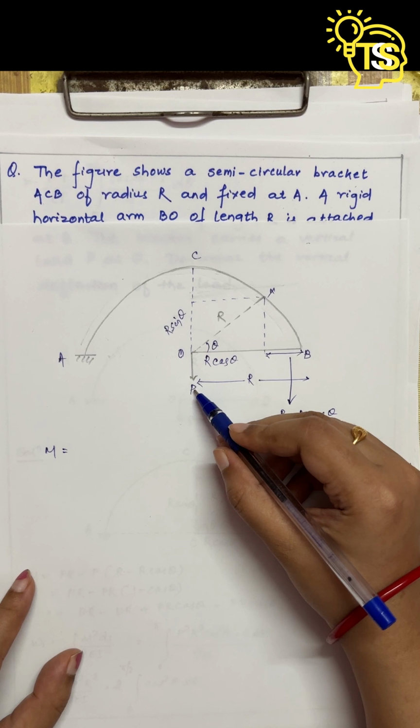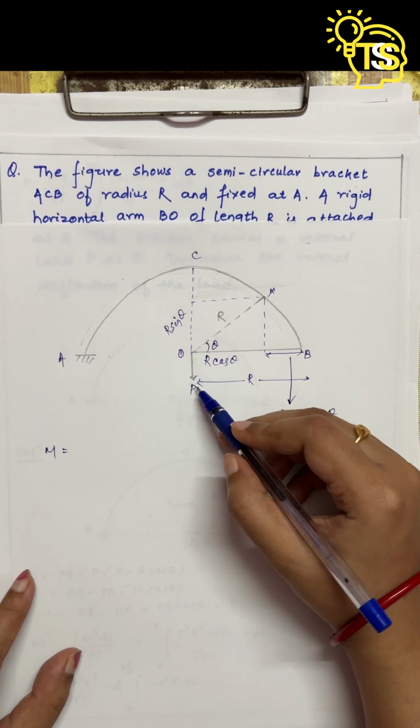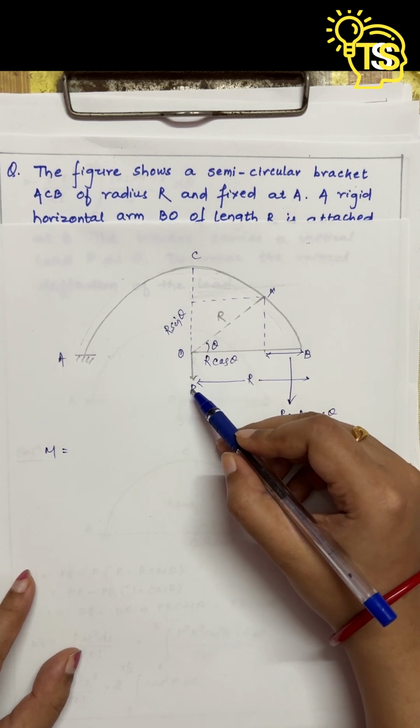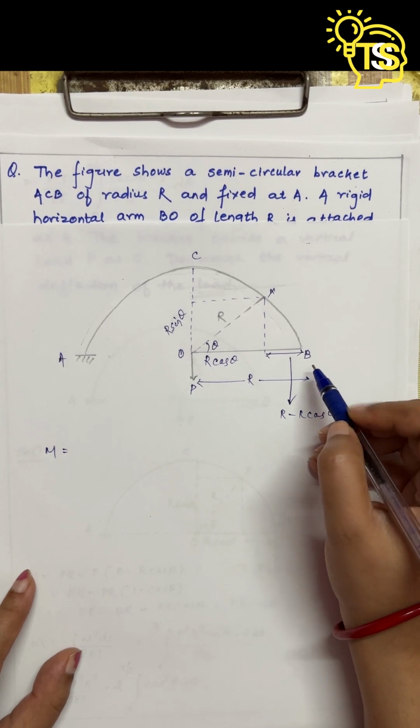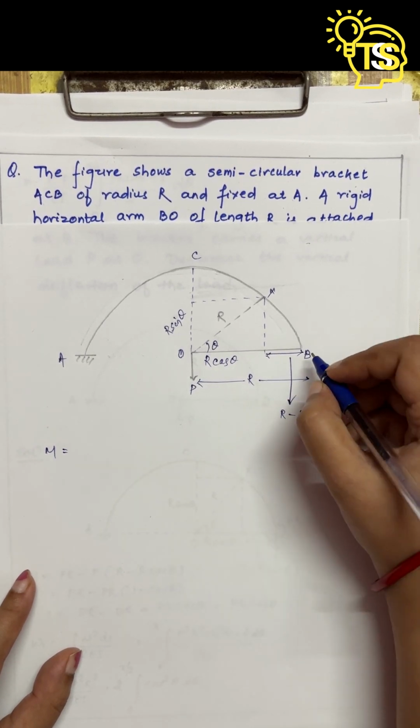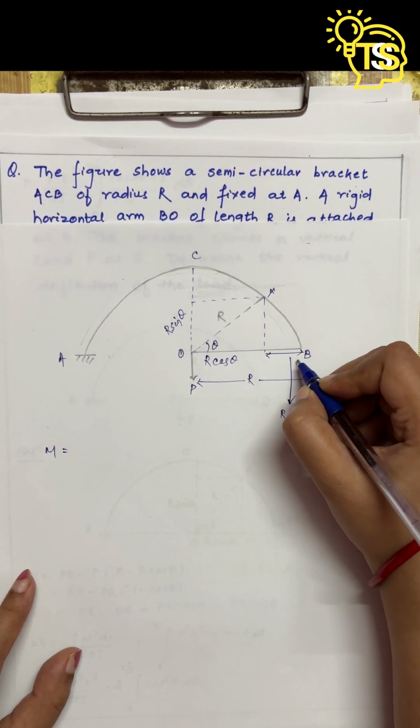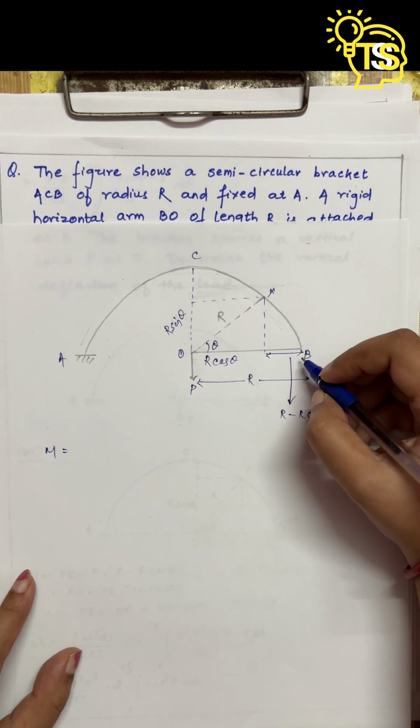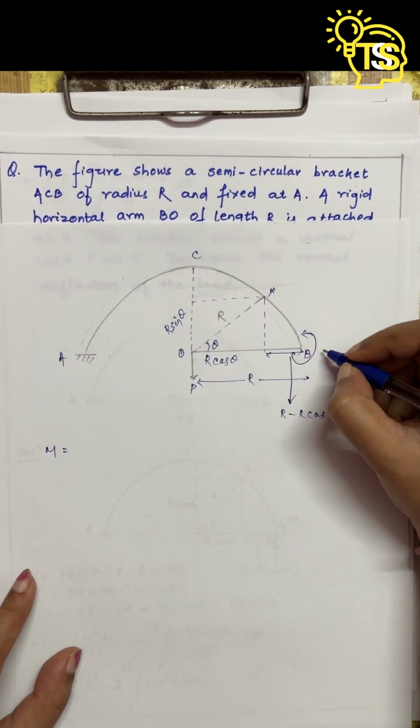Here the load P is given, so the moment will be P into r, and the moment will act here and pass on to this point B. So the moment will be Pr, and that will be in anti-clockwise direction.